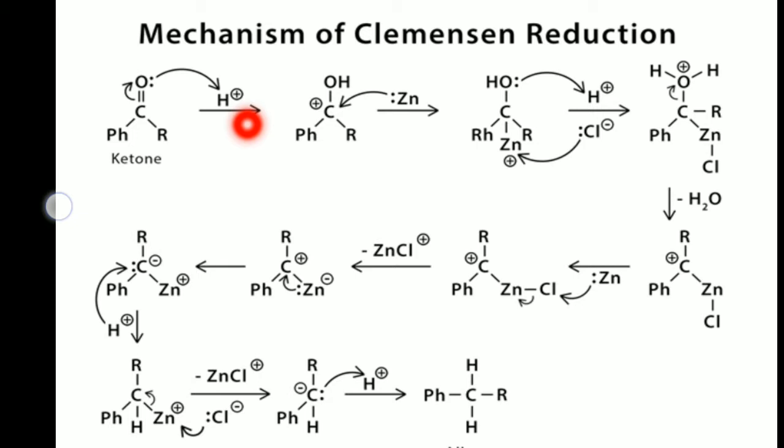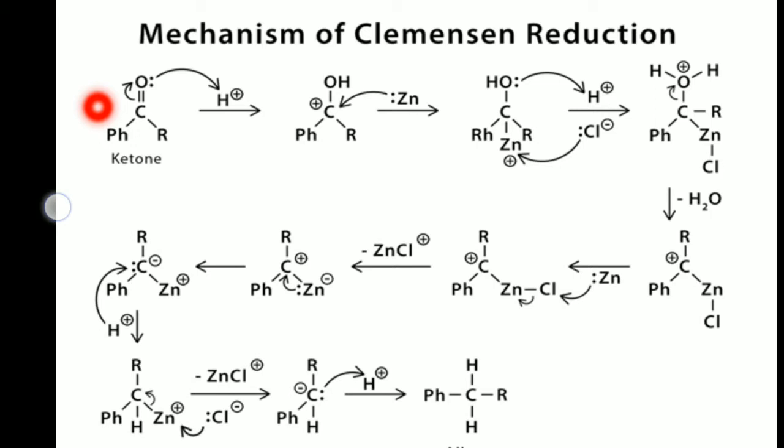Chlorine is escaping out without electron pair or without bond, so that zinc of the carbonium ion is getting negative charge. That negative charge migrates to the carbonium ion, and then that carbonium ion becomes carbene ion.